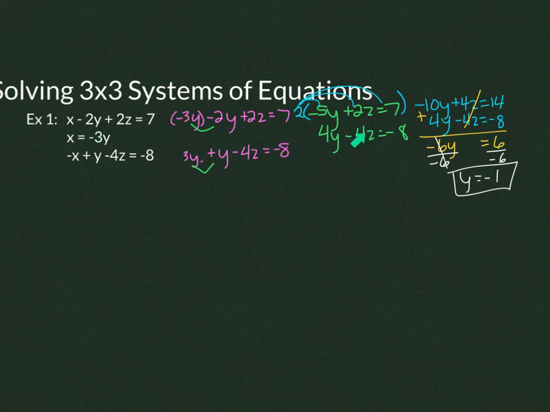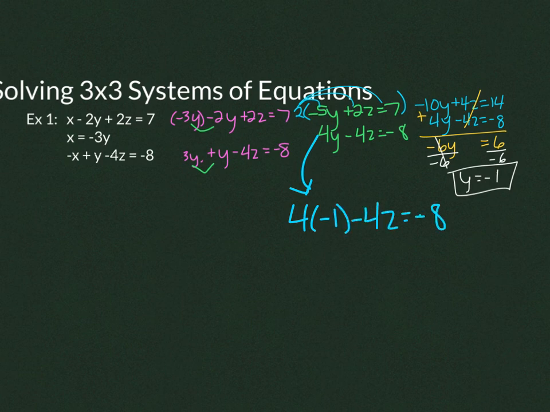I'm going to start here by solving for z. So I can use the top or the bottom equation. I'm going to go with the bottom equation. So let me bring it down here. And I'm going to replace the y with negative 1 and solve.